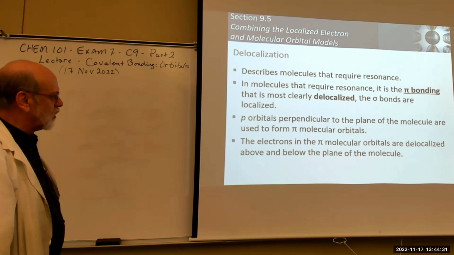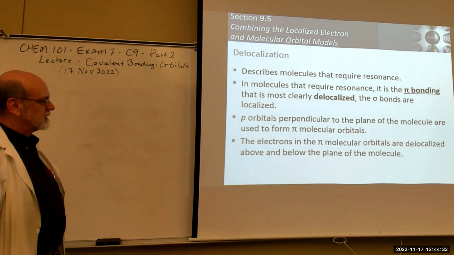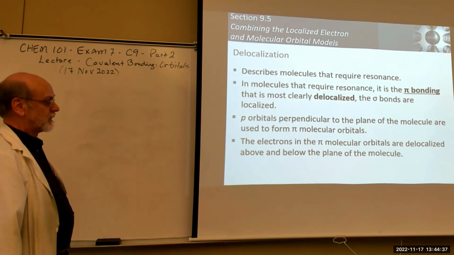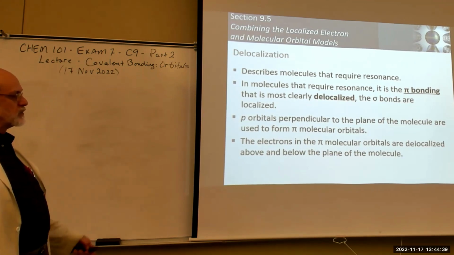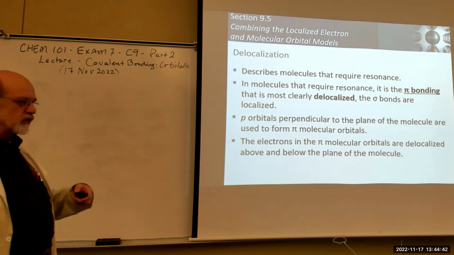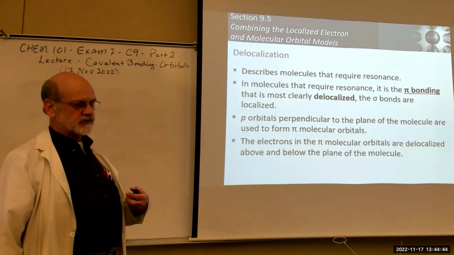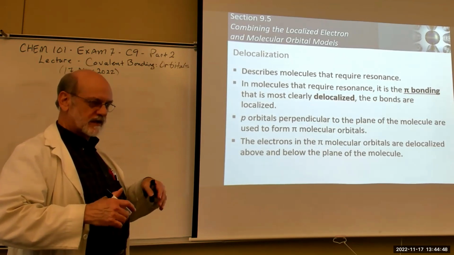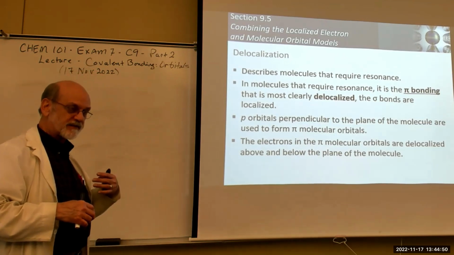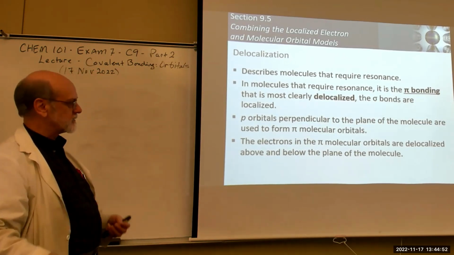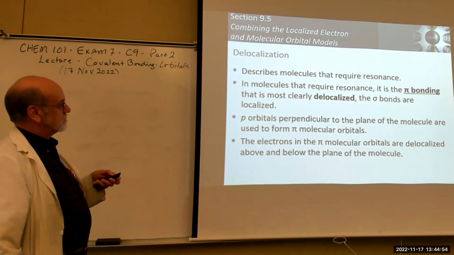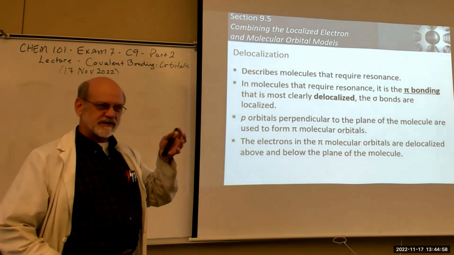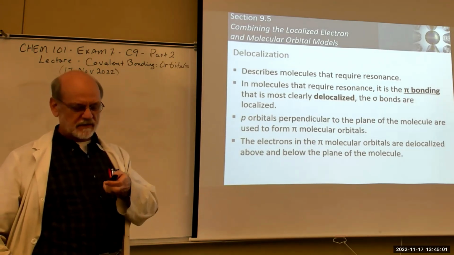Okay, this idea of delocalizing can be expanded into molecules that have resonant structures. In other words, they have two or more equivalent Lewis dot structures that in the valence bond theory, we have to use resonance. Actually, this discussion combines aspects of both models.